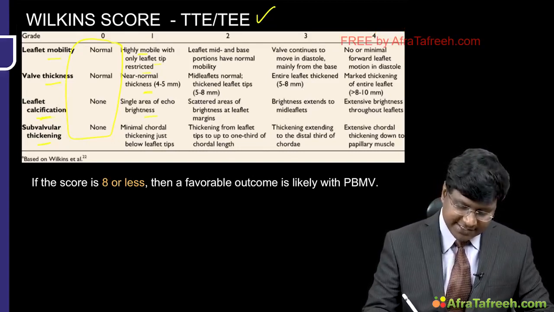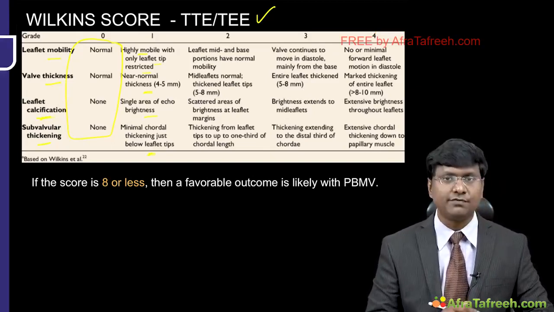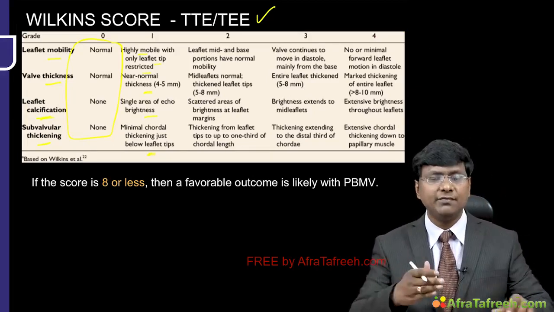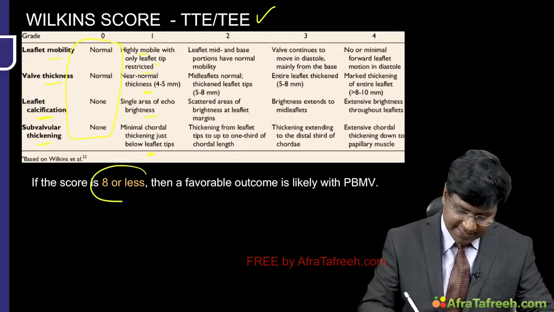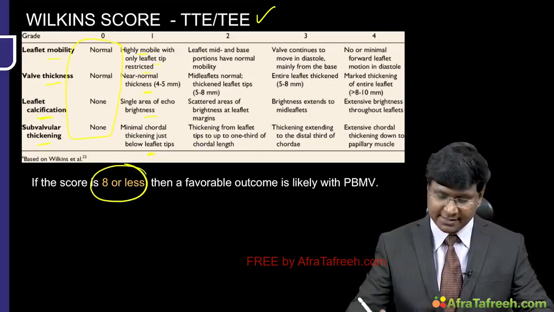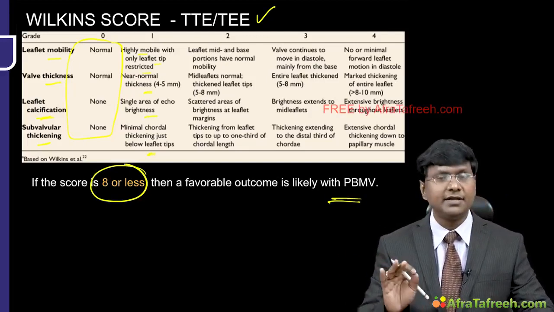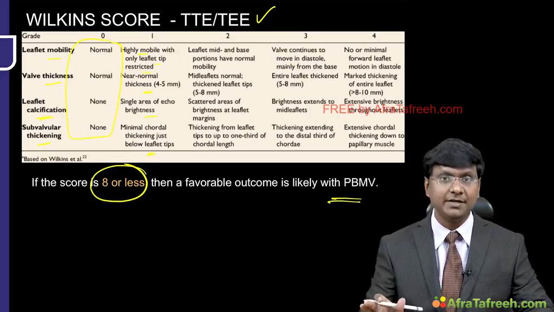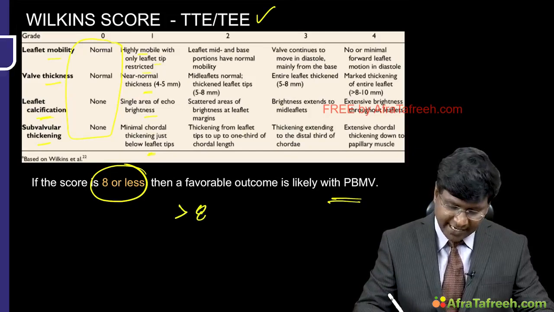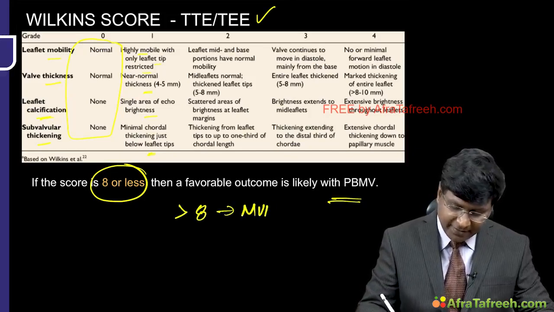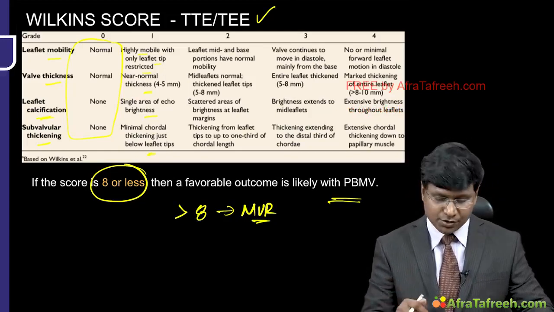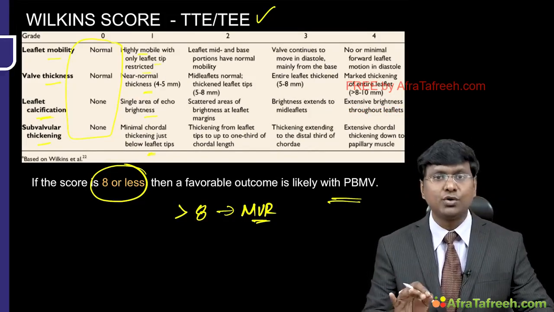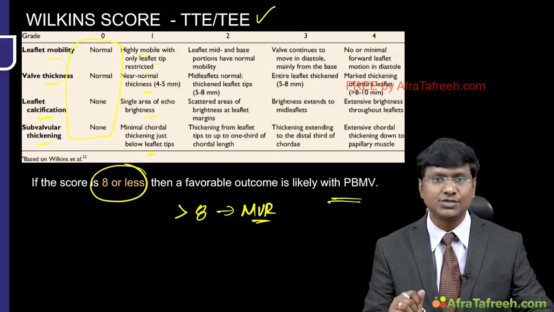Minimal chordal thickening just below the leaflet tips, give a score of 1. So depending upon the severity, we give a score of 1, 2, 3, 4. If the score is less than or equal to 8, he is an ideal candidate for PBMC or PBMV. But if the score is more than 8, then PBMV should not be done; mitral valve replacement has to be done. So that is about your echo score, which we also call the Wilkins score.